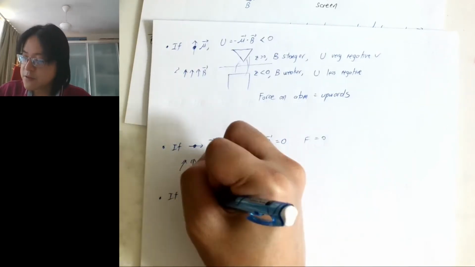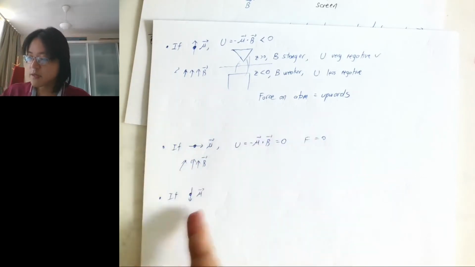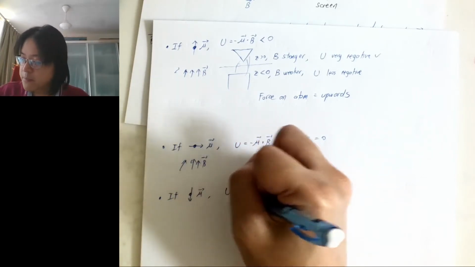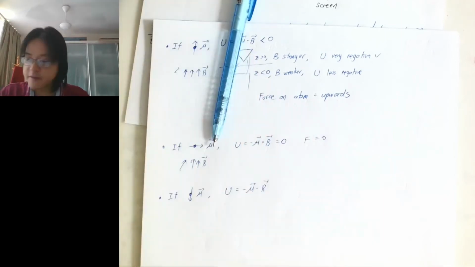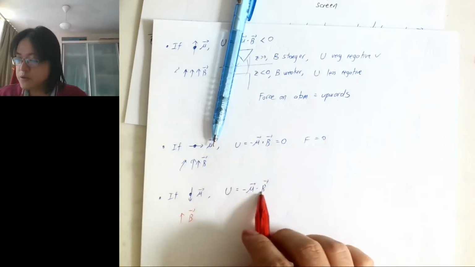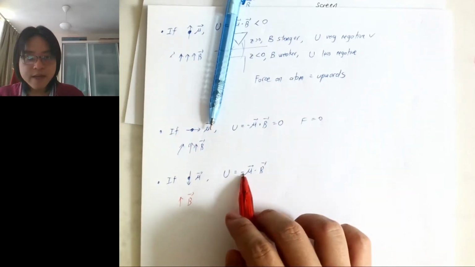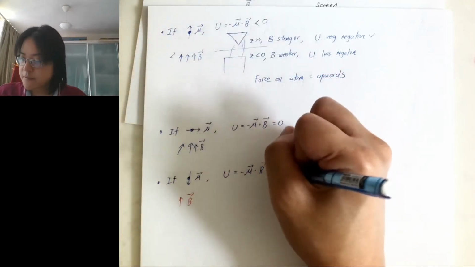Now you see the pattern. If we point it downwards, my potential energy is negative mu dot B. My magnetic field is pointing this way, so mu dot B is a negative number, and with another minus sign here, U is positive.